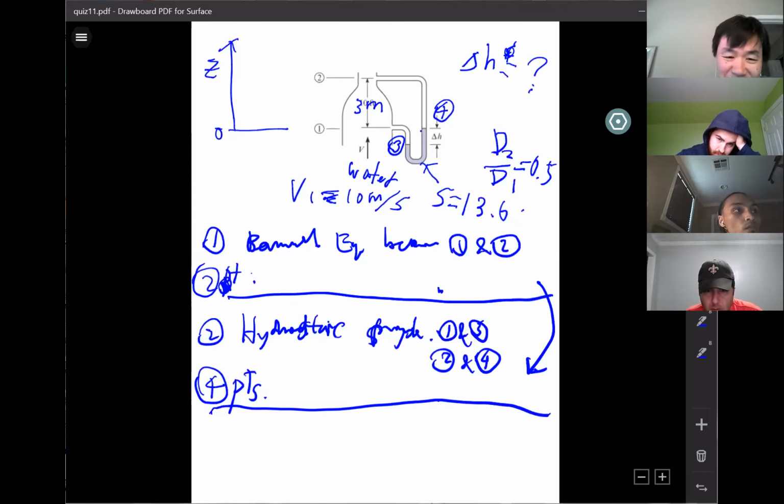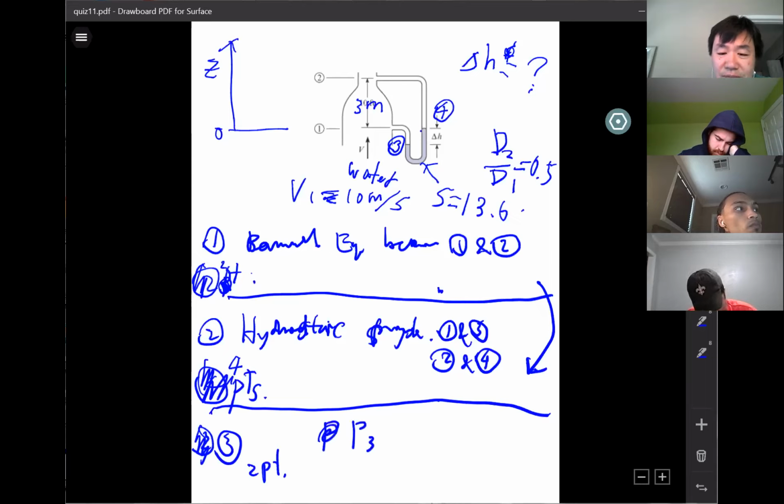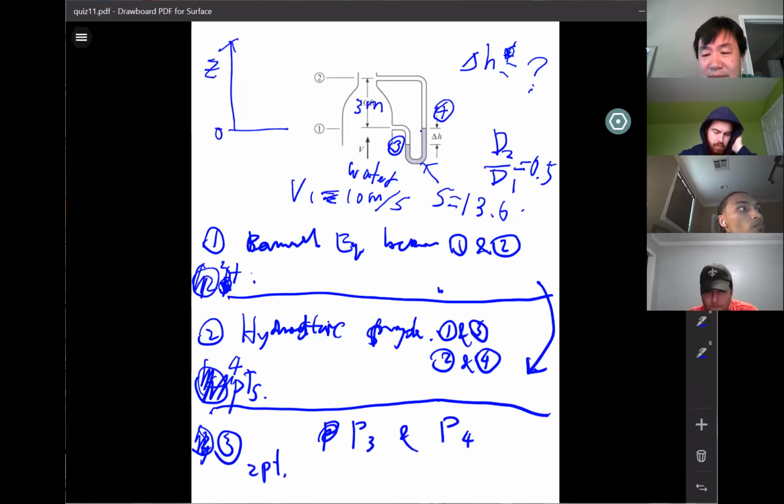Next step, 2 points. This is 4 points, 2 points, and the next step also 2 points. Find the pressure difference between 3 and 4, using the mercury.